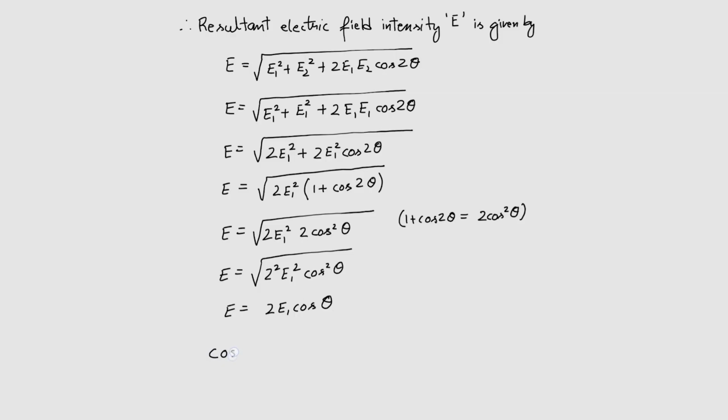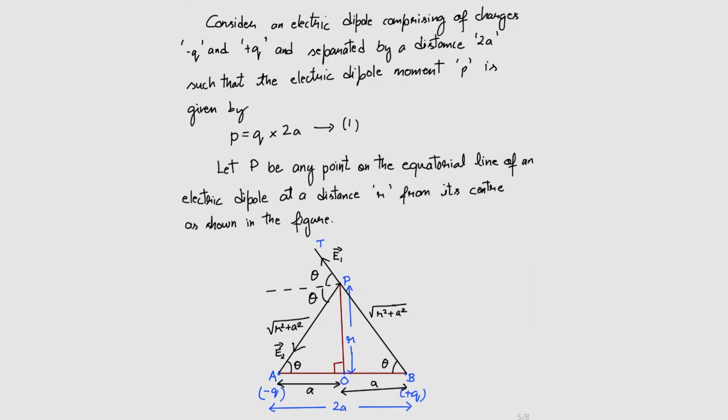Now, what is this cos theta? We get cos theta from the diagram. Cos theta is base by hypotenuse. If we look at this triangle, cos of this angle theta is equal to base by hypotenuse. Which one is my base?